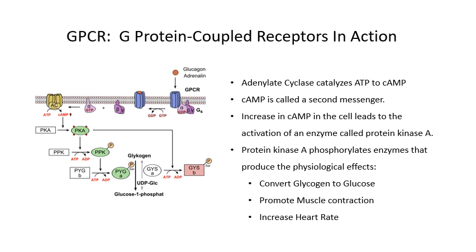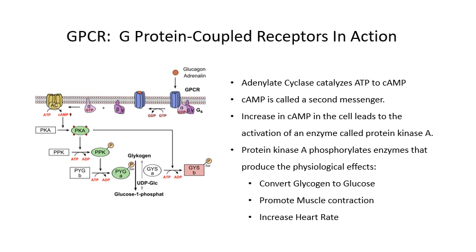That increase in cyclic AMP in the cell leads to the activation of another enzyme called protein kinase A. And protein kinase A has a big job of phosphorylating enzymes, and those phosphorylated enzymes are then activated, and they can produce their physiological effects.